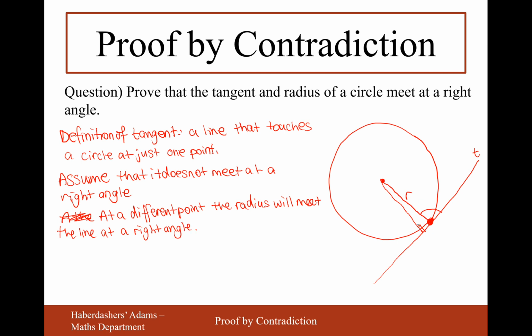And this hypothetical point where the tangent and the radius do form a right angle, this distance will be shorter than the radius line, than the value of the radius.